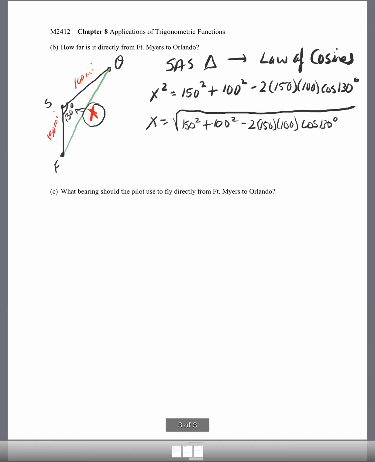So if we go to our calculator, pick up the square root function, and now let's go in there and see what we have. 150 squared plus 100 squared minus 2 times 150 times 100, and then the cosine of 130 degrees.